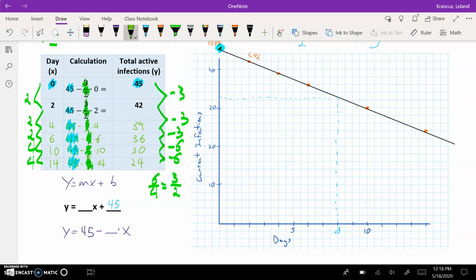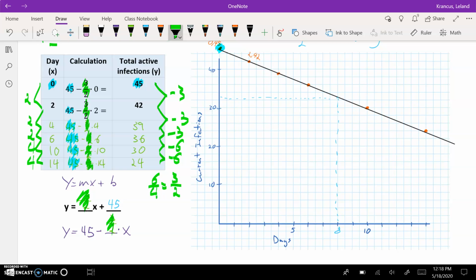And so my slope that I would put in my equation would be negative 3 over 2x, or if we're doing this the other way, taking 45 and subtracting 3 over 2 times x. So that's where it shows up in the equation, as the multiplier of x.